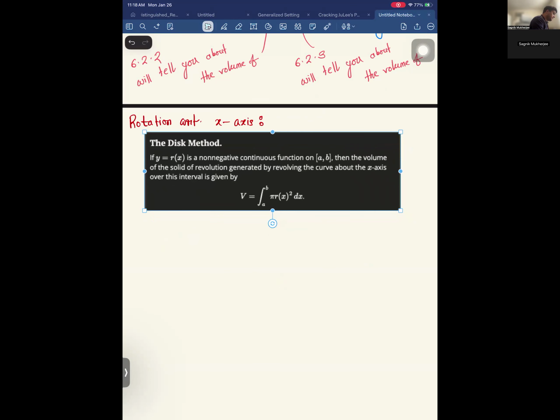The disk method. If I give you a function R(x) between an interval a to b, after a revolution, the object you get has the volume given by this one. Right? So let's see an example.